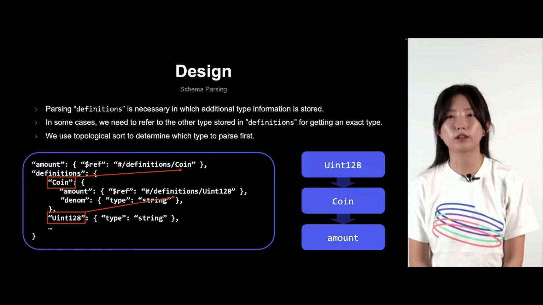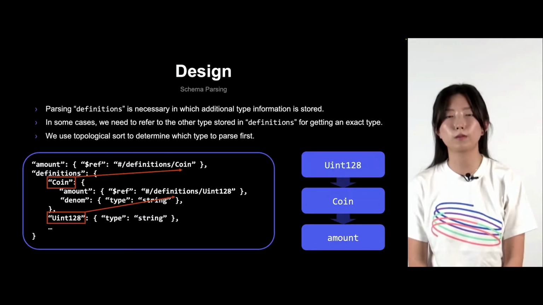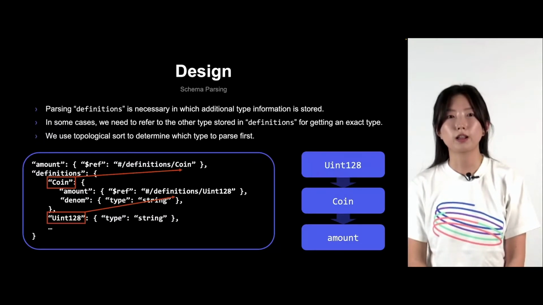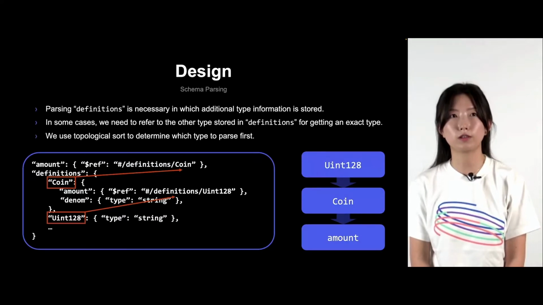In order to handle this, we use topological sort. It means a directed graph with no cycles, in other words, everything is unidirectional. So this is very useful when you have to take care of tasks that have an order, because the order is fixed in type parsing, so you can be more effective using topological sort.